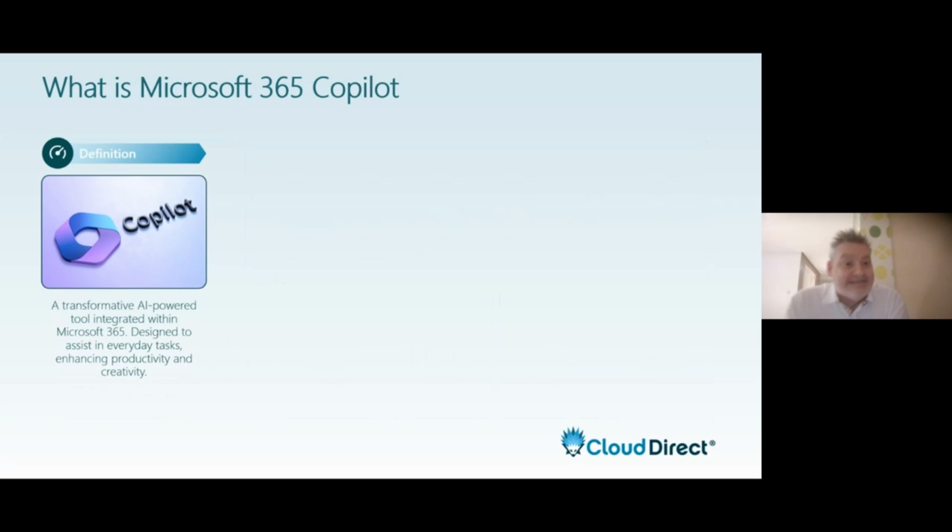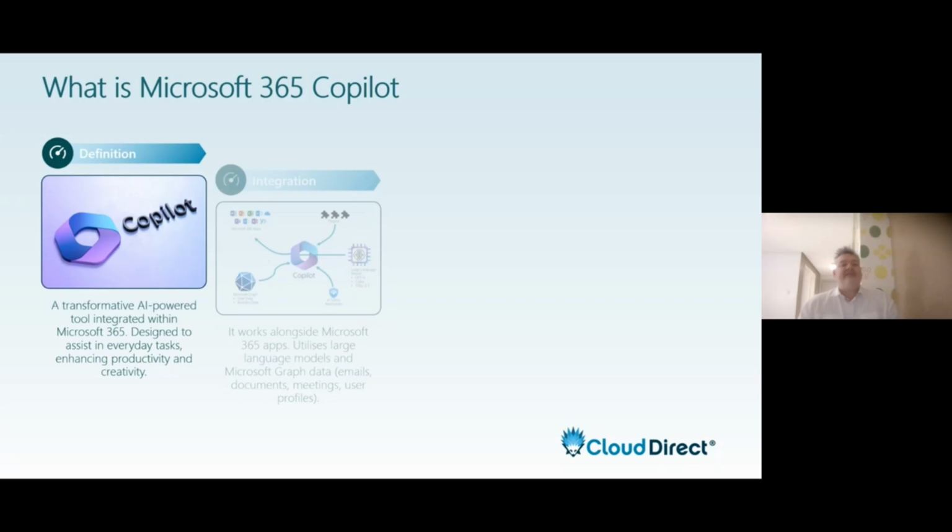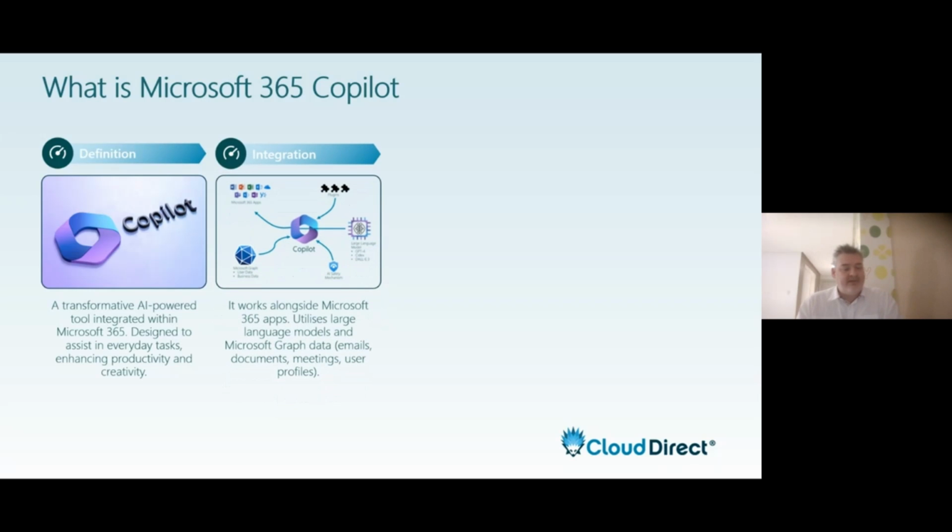So what is it? It is a tool designed to help with everyday tasks and helps you be more productive and creative. It's embedded within the apps, and it pulls together your business data that may be available in OneDrive or SharePoint, or through the use of plugins, other areas, as well as your user level information, which it gets from a back-end system called Microsoft Graph, which I'll explain in a second.